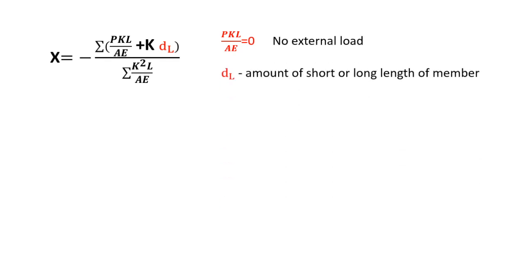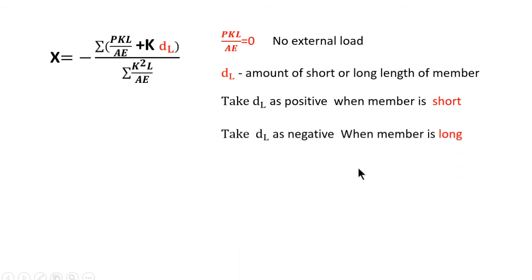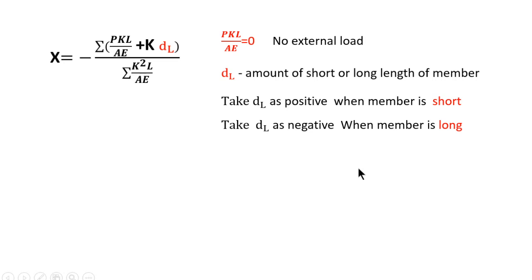Here delta L is the amount of short or long length of the member. Take delta L as positive when the member is short and take delta L as negative when the member is long. Now in our case PKL by AE is 0, that is why this equation is modified as X is equal to minus sigma K into delta L divided by the summation K square L by AE.